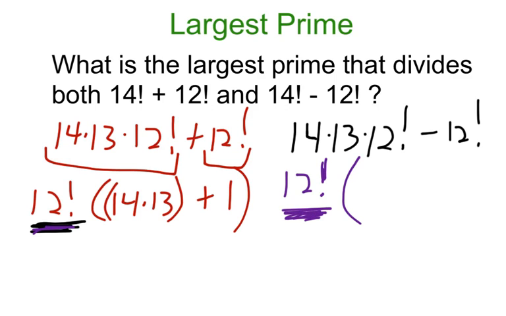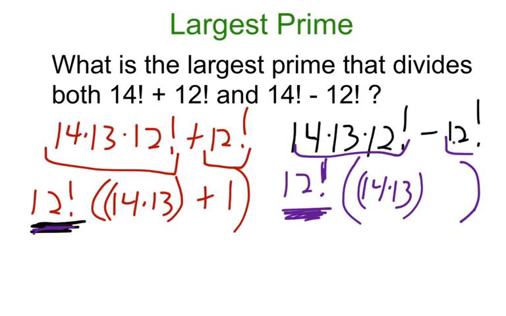It's not what's left inside the parentheses. I'm just showing that for your knowledge. But 12 factorial times what will give us this first term? That would be 14 times 13. And 12 factorial times what gives us the second term? Just 1, and it's a minus 1. So the GCF is 12 factorial.